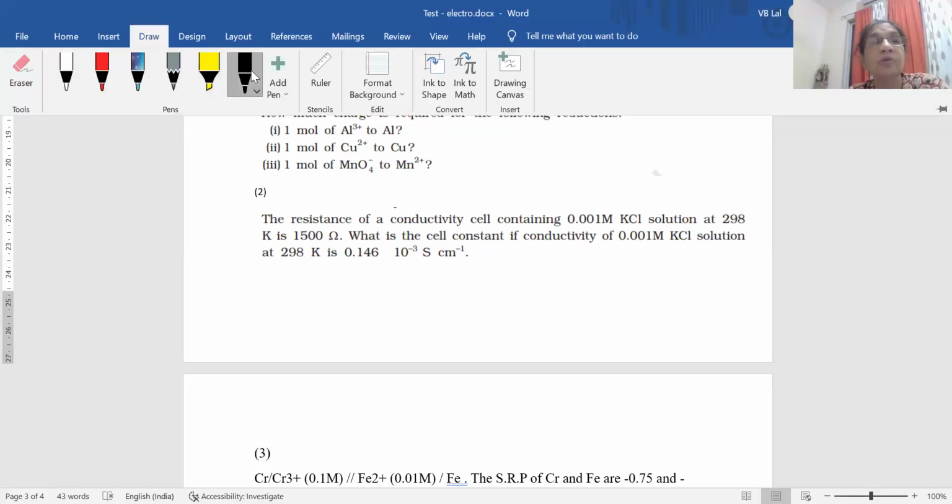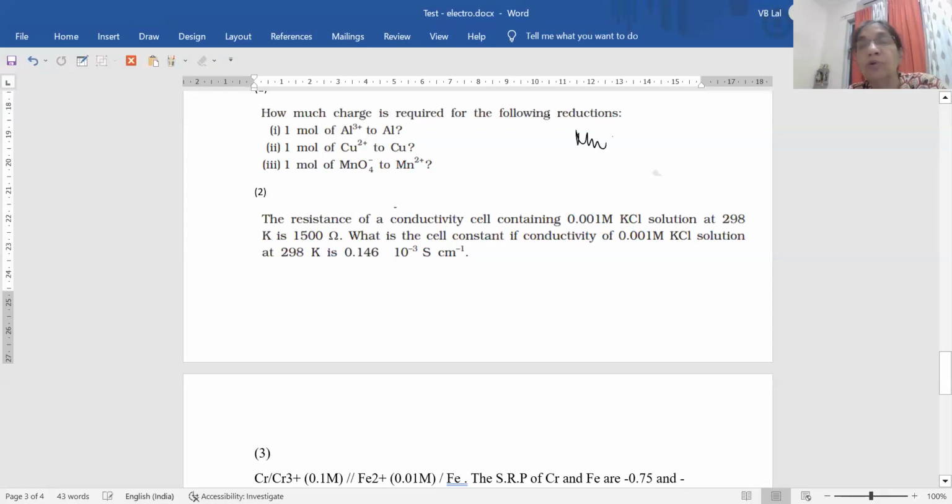See, I will show you. MnO4-. Manganese is X, oxygen is minus 2 into 4, minus 8, equal to minus 1. So X is equal to how much? Plus 7. So here it is plus 7 changing to plus 2. So how many electrons? 5. So 5 Faraday.